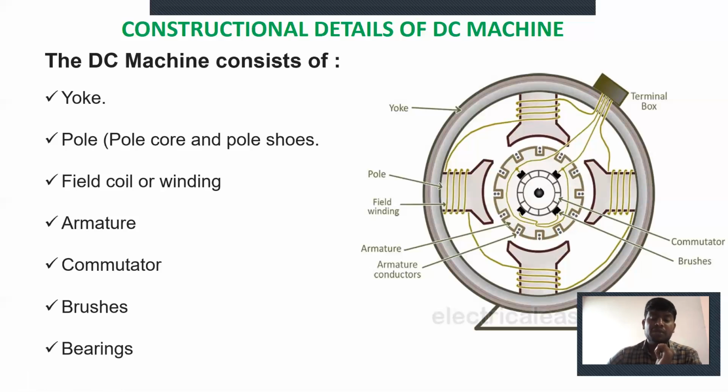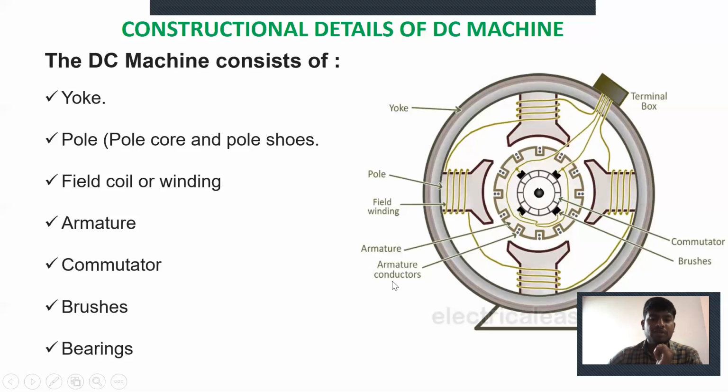Carbon is very lightweight, and the brushes are placed on the commutator and collect the current. They act as the terminal. The last one is the bearings, which are useful for free movement and rotation of the armature.